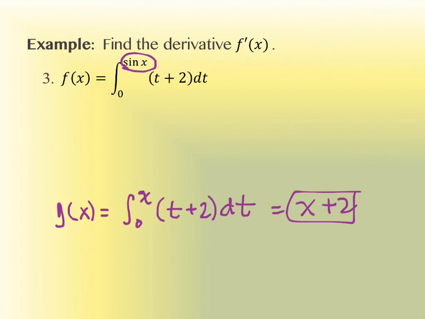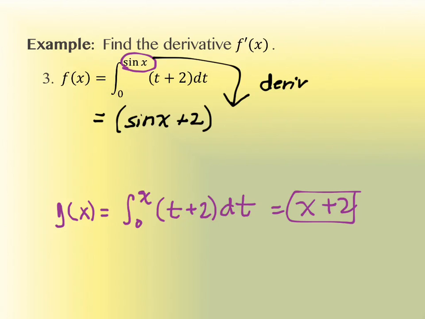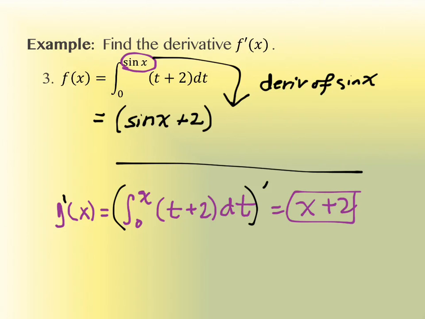So what we're going to do on this is we're still going to take and put in the sine of x in for t. But the extra step here at the end is that we need to take the derivative of the sine of x. You know what, let me just erase this from what I had before.